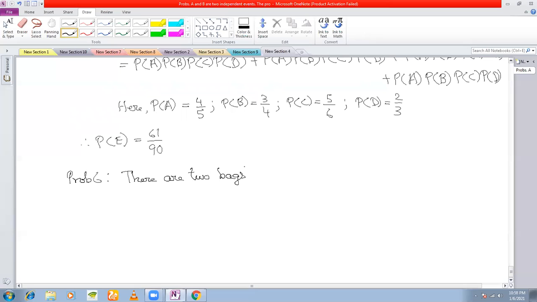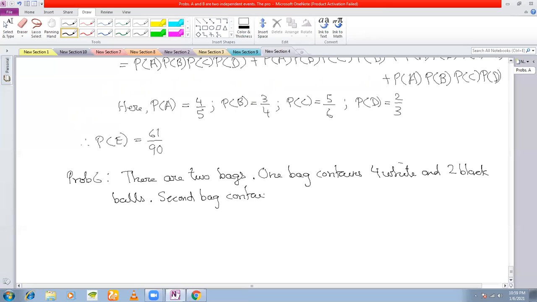One bag contains 4 white and 2 black balls. Second bag contains 5 white and 4 black balls.